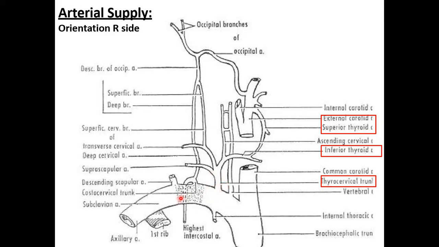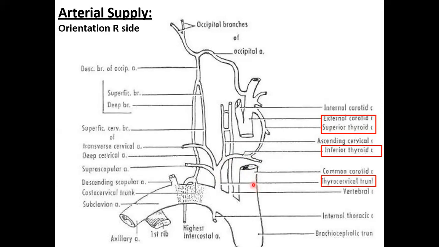The C is for your costocervical trunk, and the D is for your dorsal scapular artery. From your thyrocervical trunk, you can see here how it has a branch that is your inferior thyroid artery. So that's one of the arteries going to your thyroid.